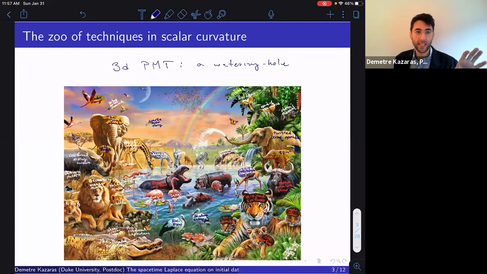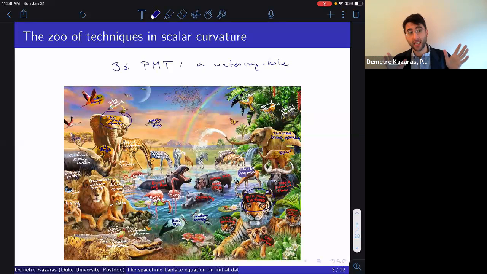Now, what I'll talk about today is the three-dimensional positive mass theorem in general relativity. And one of my main interests in this is that it is kind of central in that it's a meeting point or watering hole, as I've depicted here, where all the different techniques for studying scalar curvature, the subtle invariant of Riemannian metric, come together.